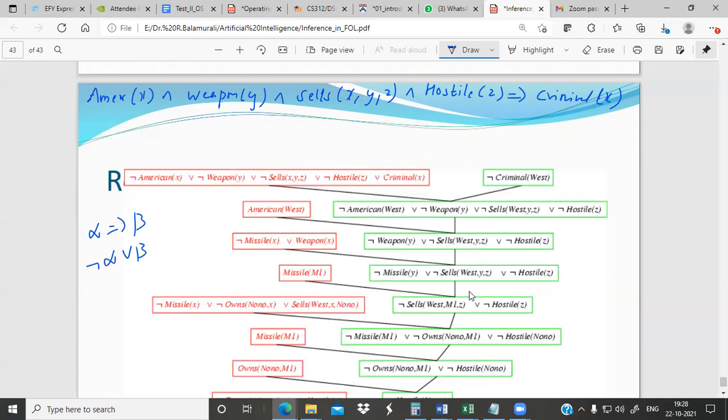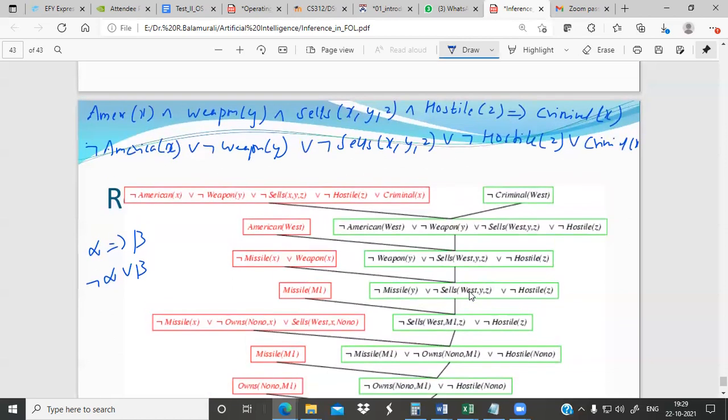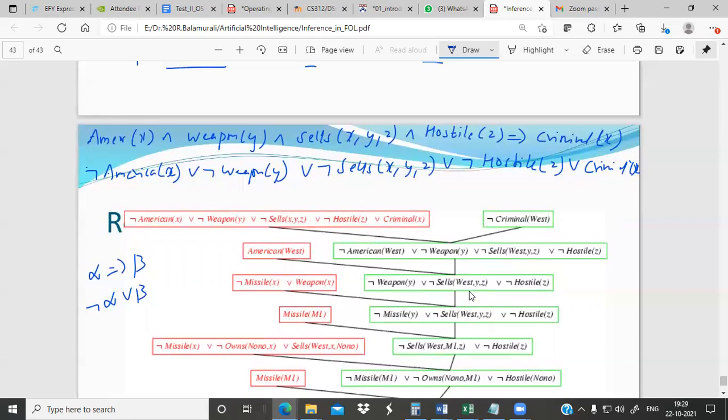So: not American of x, or not weapon of y, or not sells of x comma y comma z, or not hostile of z, or criminal of x. In this statement you can see there is only one positive literal. Hence this is in Horn clause or definite clause format.